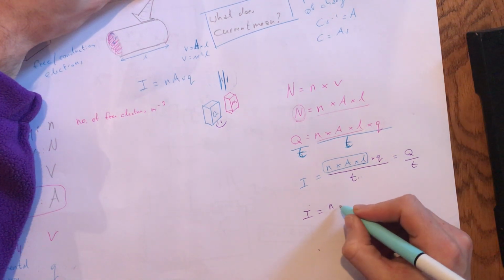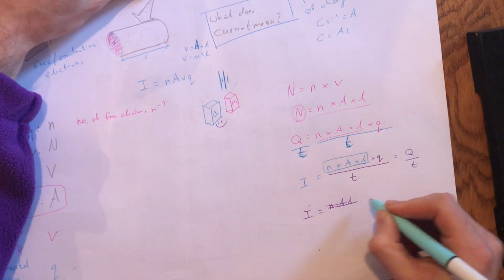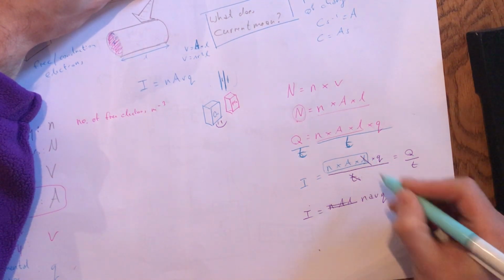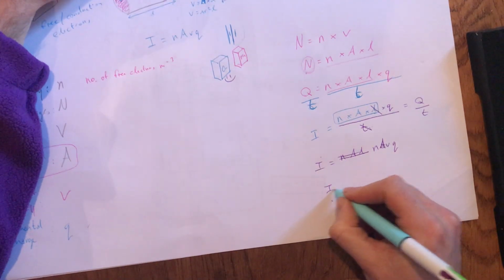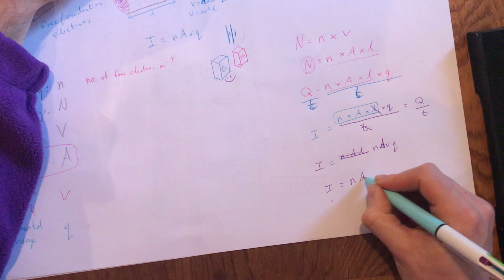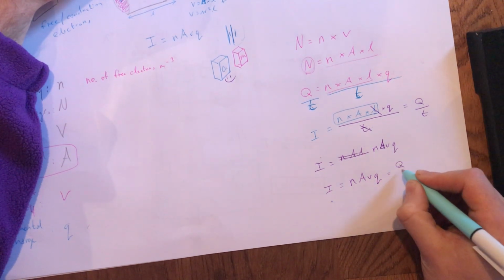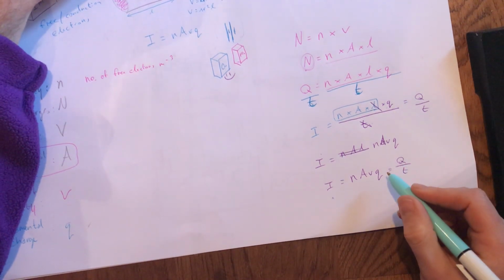So nAvQ, because these two cancel to make v. It should be a capital A. Let me write that neatly. I equals nAvQ, which is equal to big Q over T. You see why I'm using the two different Q's, of course, just to get less confused.